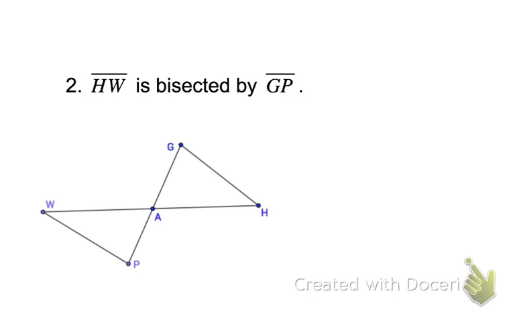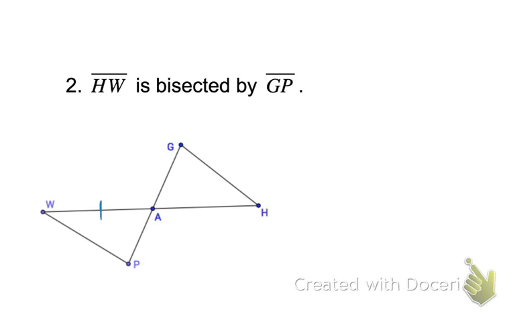Number 2, segment HW is bisected, or think of cut in half, by segment GP. So that means GP is cutting HW in half. So I'm going to use two tick marks to show that segment HW is cut in half.